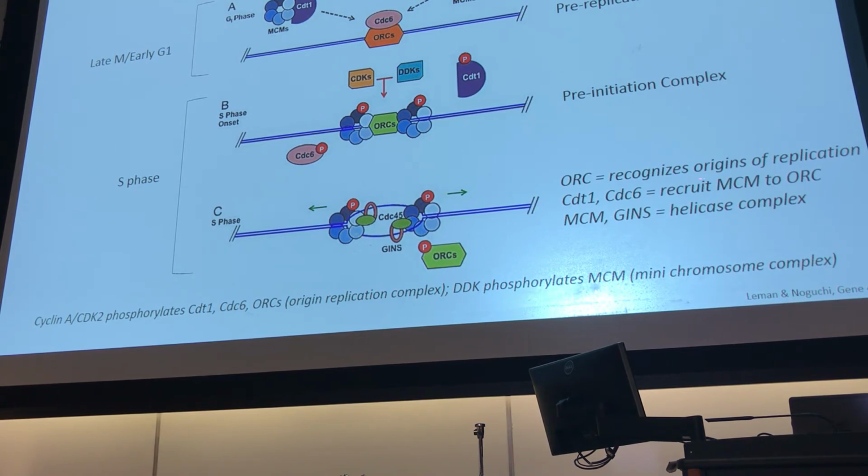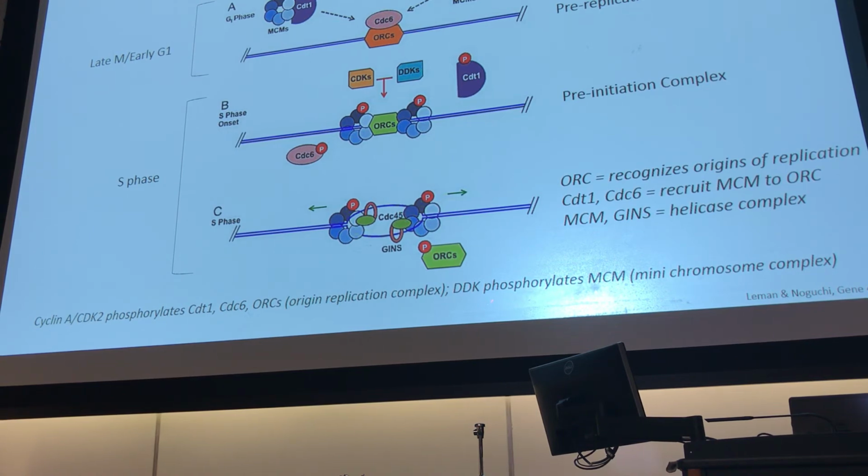The ORCs recognize the origin of replication. CDT1 and CDC6 are important for recruiting the minichromosome maintenance complex, recruiting this helicase to the ORC. And then the minichromosome maintenance and the GINS protein, which is shown here, these are the helicases. They're going to unwind the DNA so that it can start getting replicated. And I say here, cyclin A CDK2 is important for phosphorylating CDT1, CDC6 and the ORCs, so once replication is started, you get these guys away from the DNA so that replication only happens once.